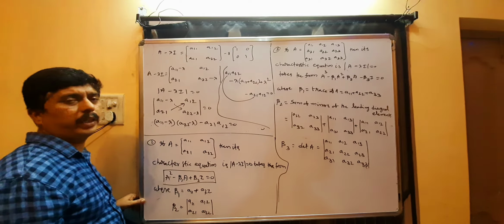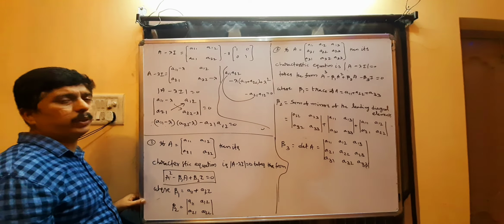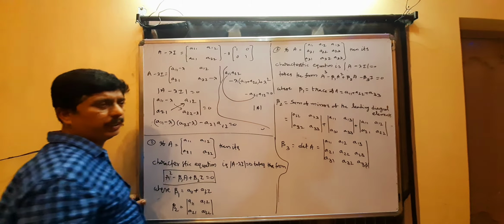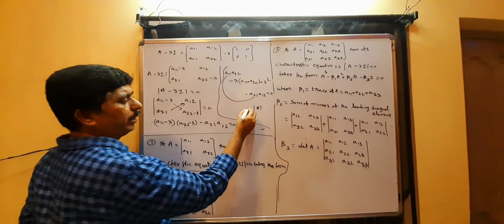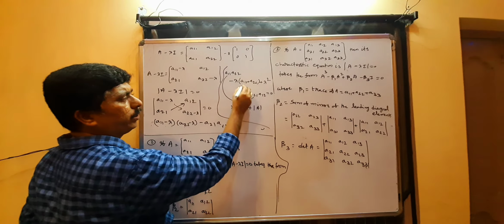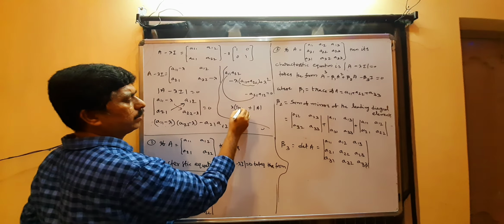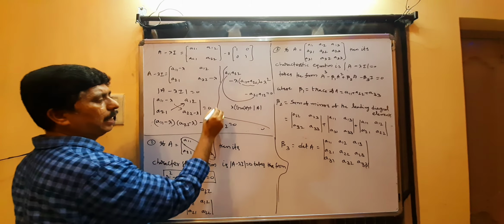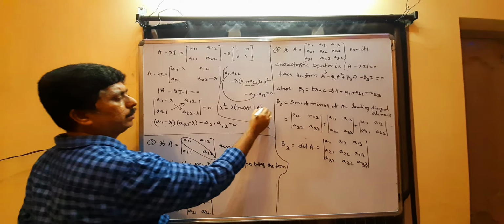A11 into A22 minus A21 into A12 is det A, and minus lambda into this is the trace of A, the sum of diagonal elements, plus lambda square equal to 0.